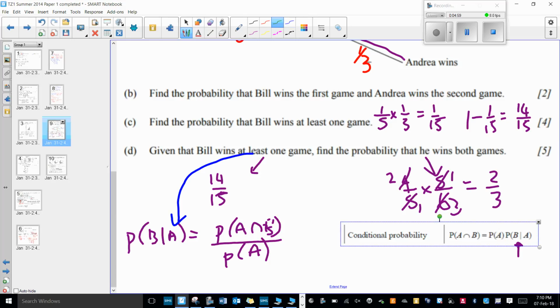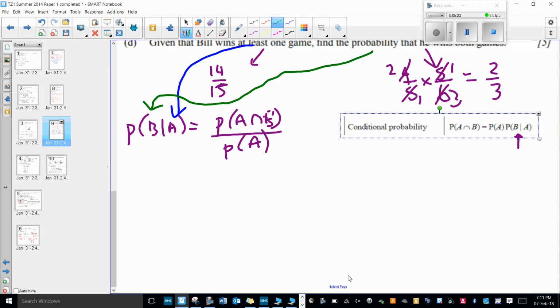Okay, so what we're going to do here is, oops, hang on a minute. Oh, sorry about that. Okay, so we've got 2/3 on the top and then 14/15 on the bottom.